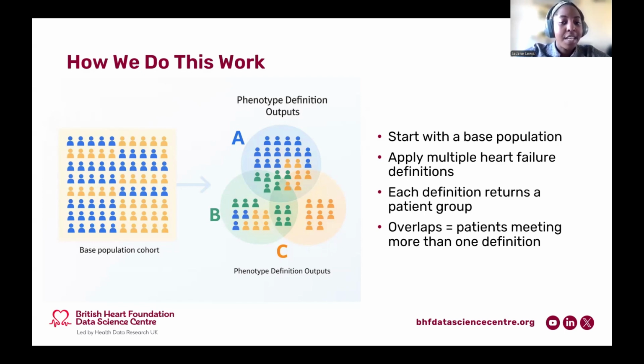So depending on which definition you use, heart failure can look much more common or much less common. There isn't a single perfect definition, and each one will have its trade-offs. This is why comparing definitions is so important and helps researchers choose exactly the right definition for their research of interest.